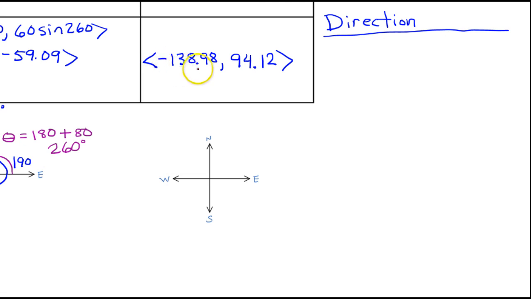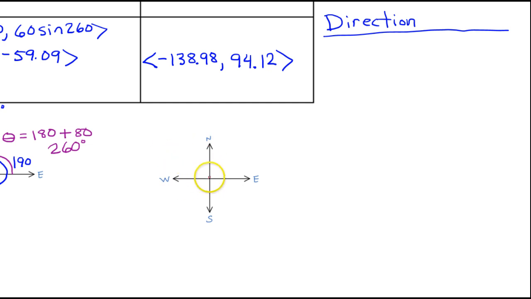Well, considering the horizontal component is negative 138.98, and positive 94.12. That is left and up, or west and north. So that puts us in the second quadrant.